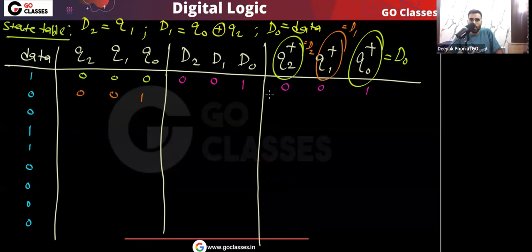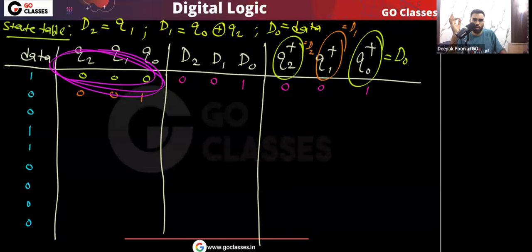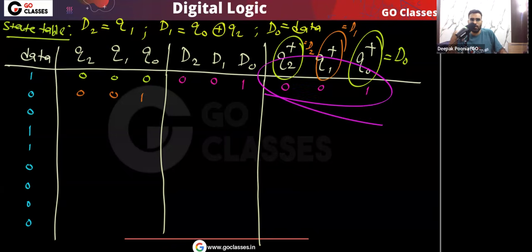Initially the flip flop output combination was 0, 0, 0, and with this data input the next state becomes 0, 0, 1. Now this 0, 0, 1 will become your present state.